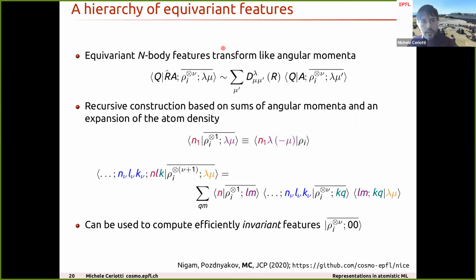Now, what is very nice, and actually this draws a very deep connection to all of the SE3 equivariant machine learning models that are out there, is the fact that the machine learning exercise must be compatible with SO3 group symmetries, which puts very strict constraints on what you can do.